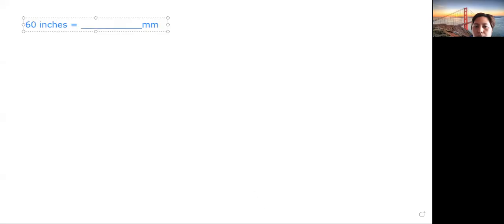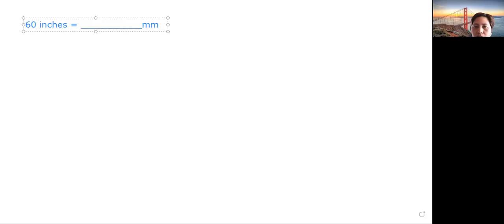Since we haven't seen on the table what is exactly the equivalent of 1 millimeter to inches or vice versa, let's just check what is available on the table.